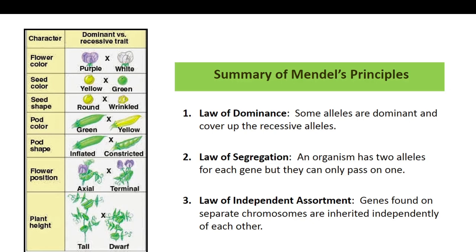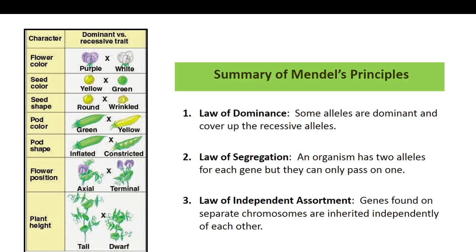For example, the genes for the height of the pea plant and the flower color of the pea plant are found on 2 separate chromosomes and are inherited independently of each other. This law of independent assortment is very useful for solving the question that we have just discussed.